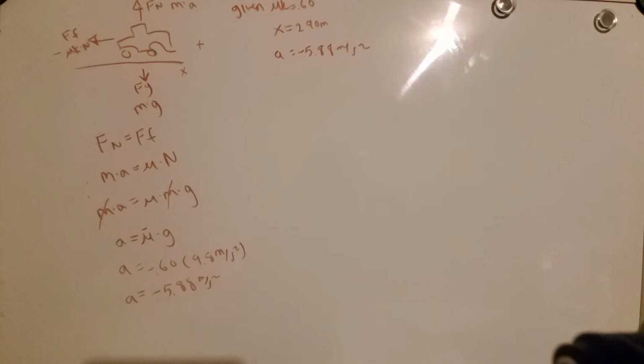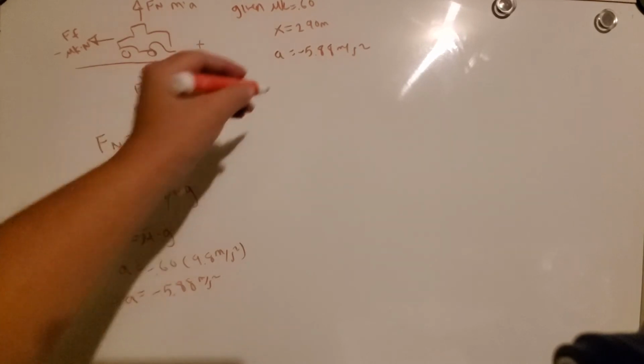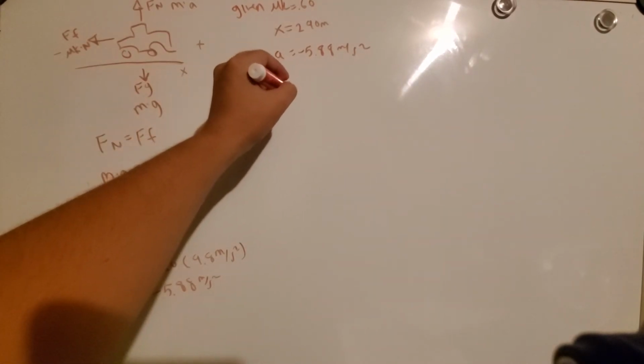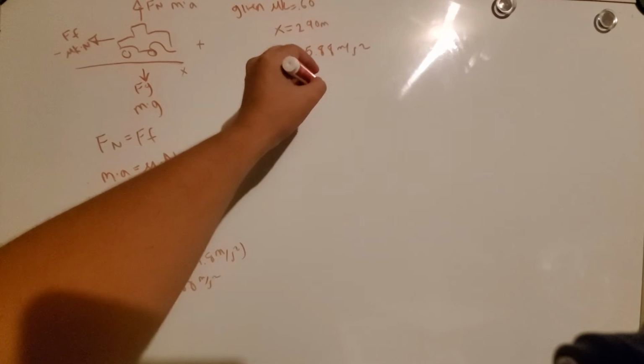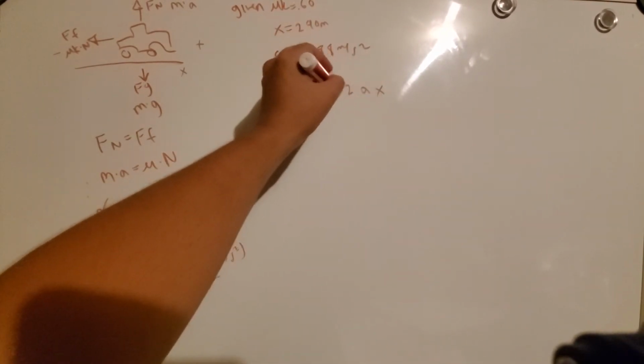So the question is asking, how fast was the car going? This question deals with an equation of motion. And we will use the kinematic equation of motion, which is the final velocity squared is equal to initial velocity squared plus 2 times acceleration times distance.